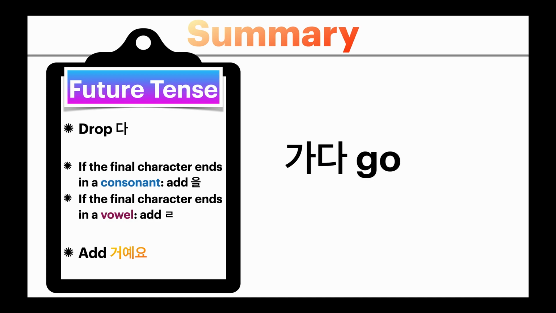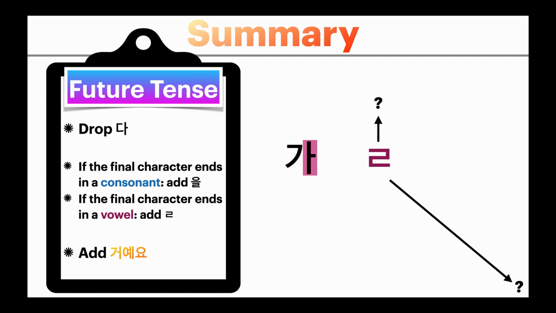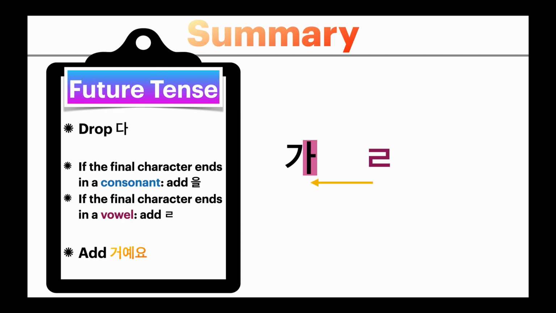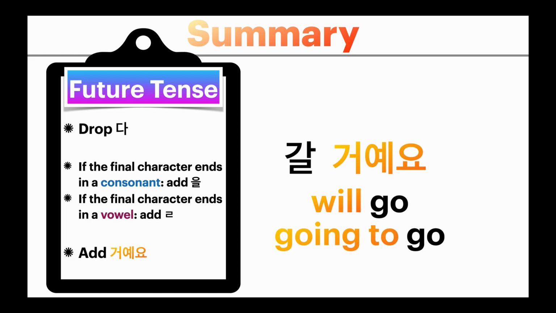가다, on the other hand, ends with a vowel after we drop 다. So we know that we need to add ㄹ. But the question is, where do we add it? Right here. 갈. And lastly, add 거예요. 갈 거예요. Will go or going to go.